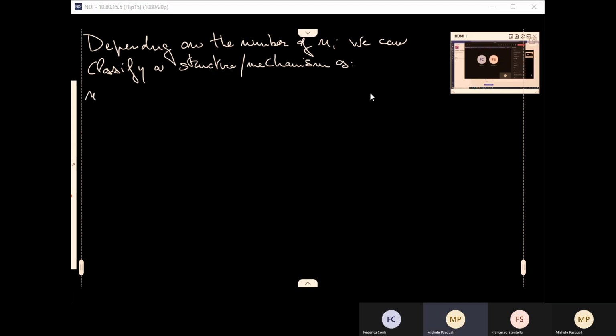So if Ni is equal to 0, you know how you can call this? Number of constraints is equal to the number of parameters, basically. So that no one is actually independent. You cannot set one as you wish.